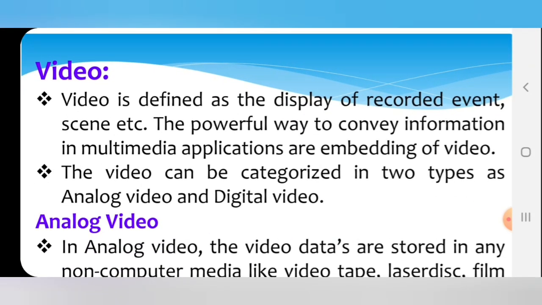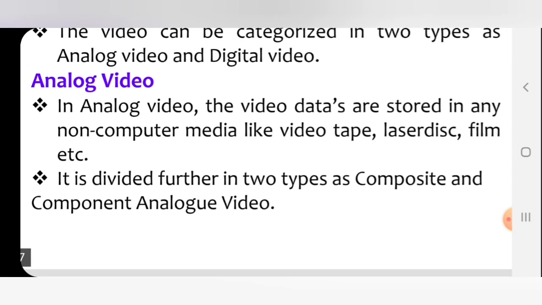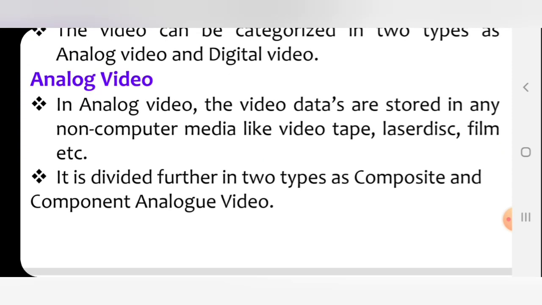The next one, the last component, video. Video is also used to communicate to some person. A powerful way to convey information in multimedia applications is embedding video. There are two types of video: analog video and digital video. In analog video, the data is stored like videotape, laserdisc, film, etc. It is divided further into two types, composite and component analog video.